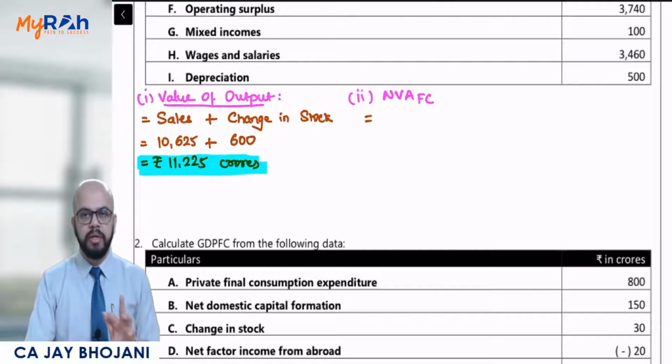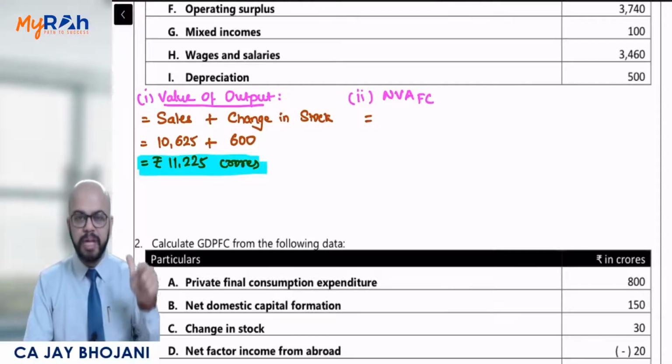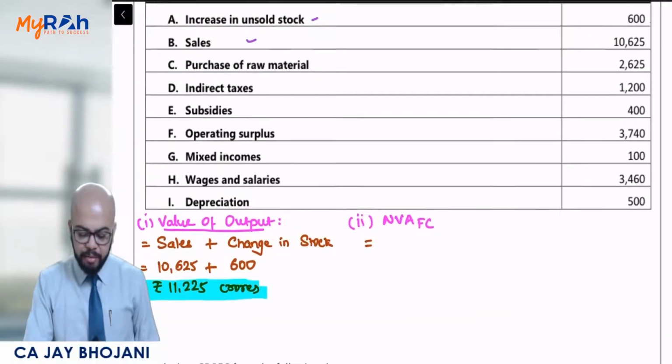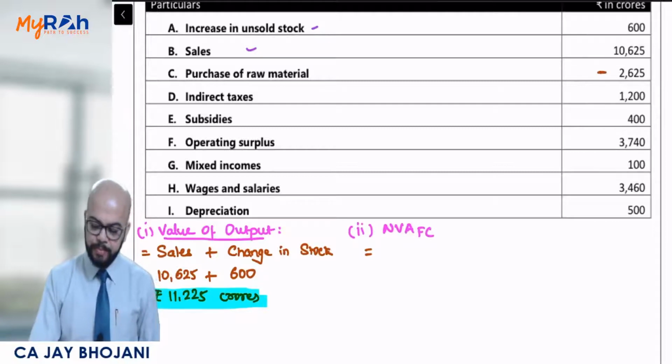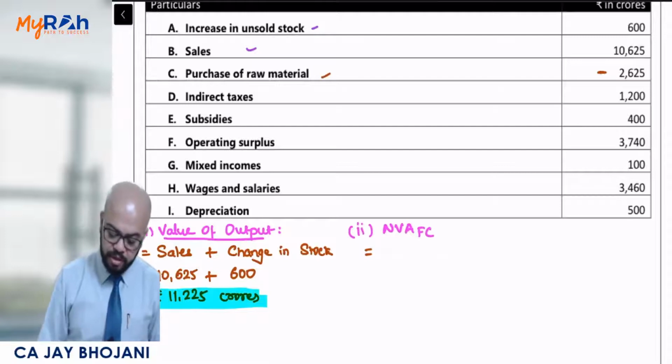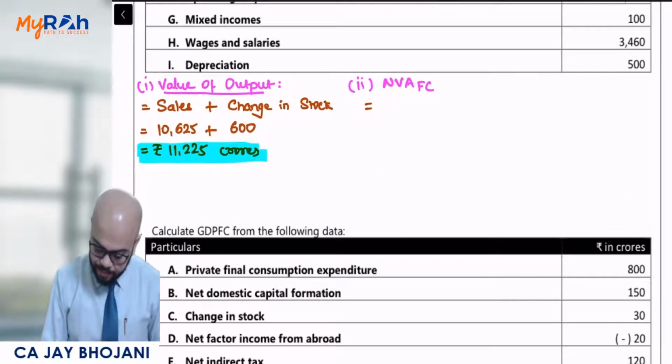The value added is nothing but value of output minus intermediate consumption. Value of output we have just calculated, 11,225, and intermediate consumption is given to us as purchase of raw materials, 2,625. So we'll be using that.